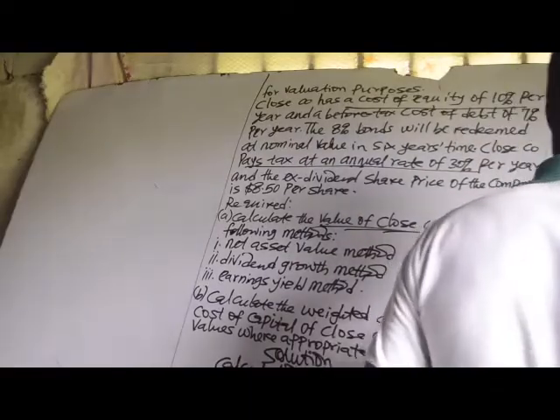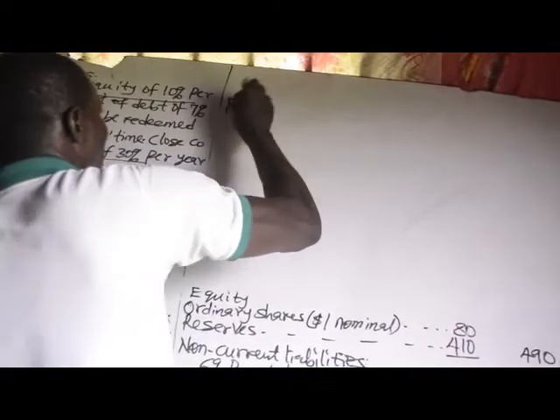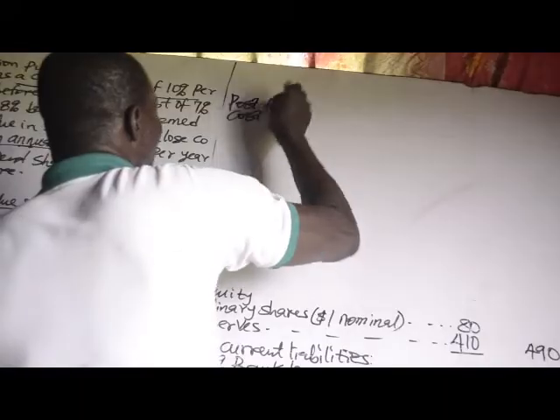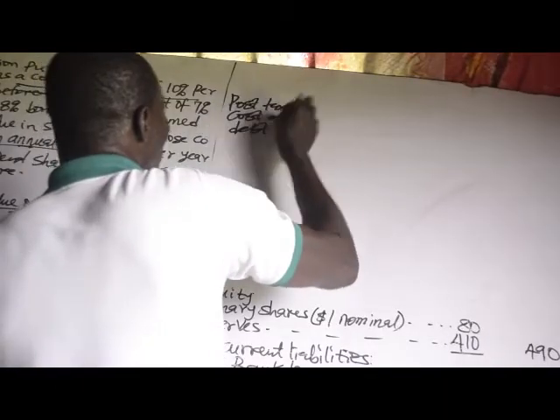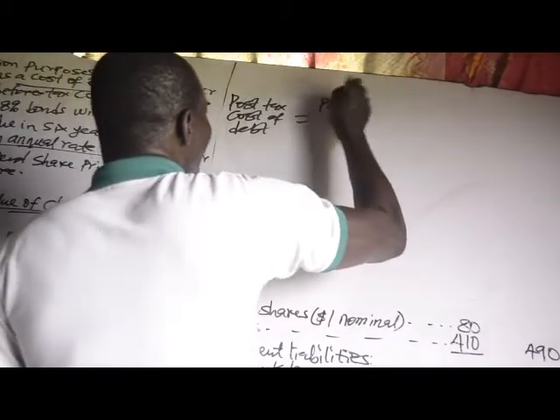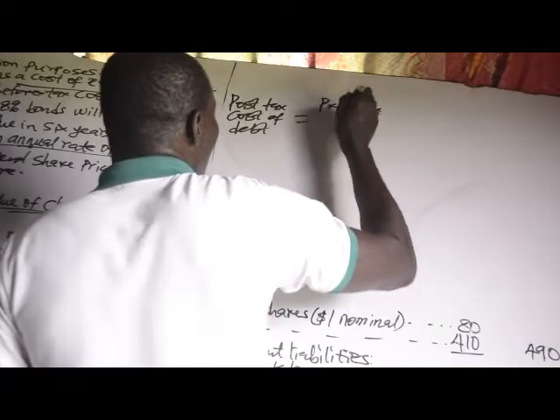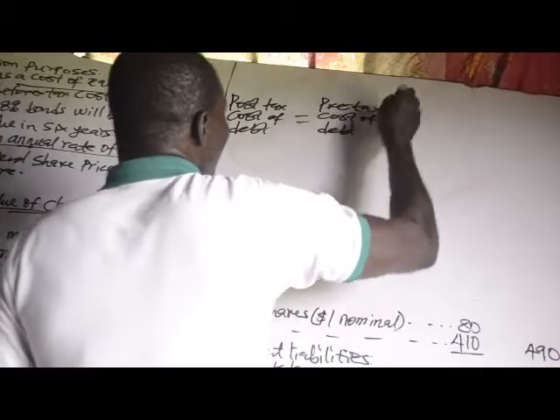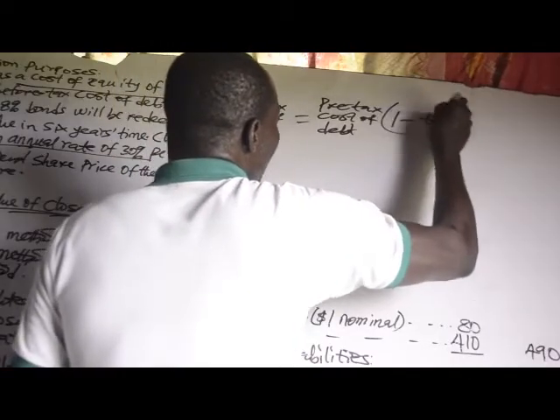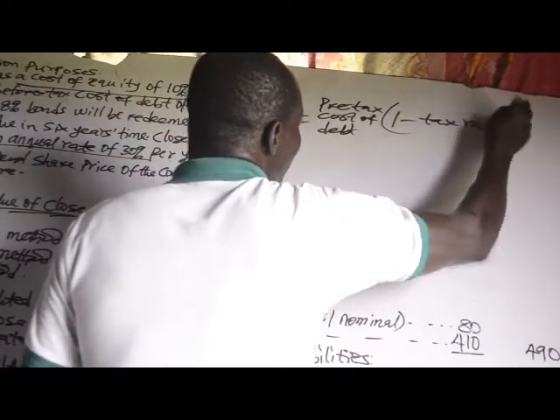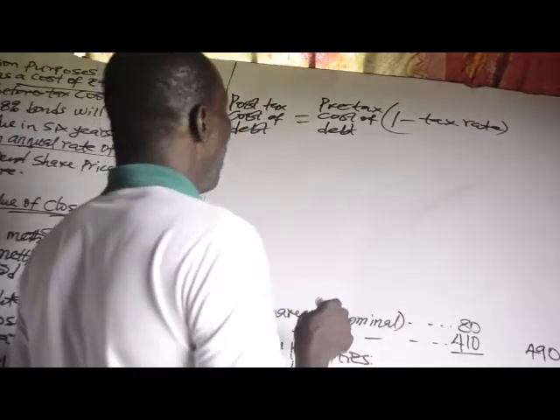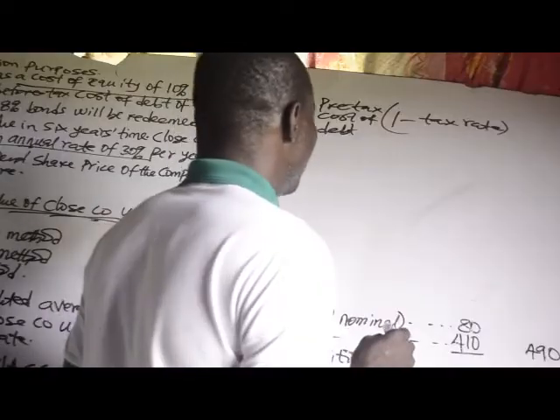Now, the post-tax cost of debt will be equal to pre-tax cost of debt times 1 minus tax rate. For better understanding, go and watch my presentation on cost of capital.